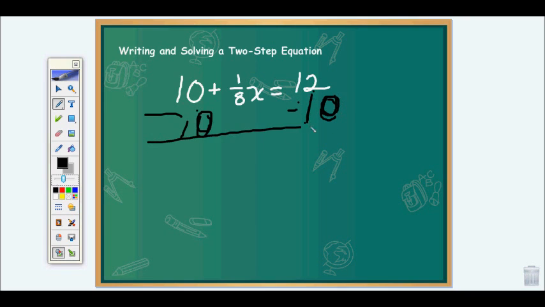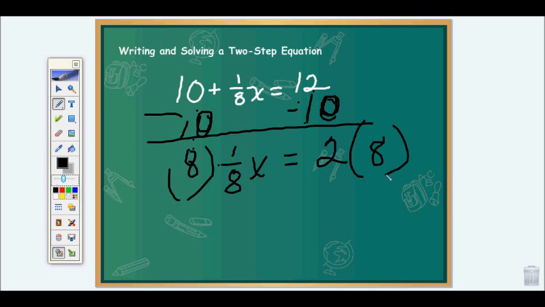We would get 1/8 x equals 2. And now because I have a fraction coefficient, I want to multiply by the reciprocal. So it would be 8 over 1, or just multiplying by 8. Now I get that a single x equals 16.